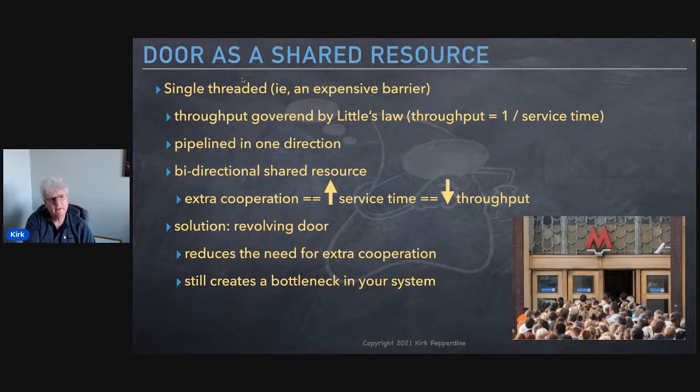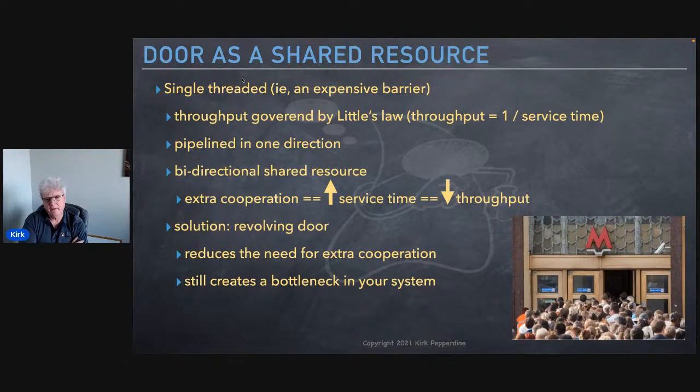And strangely enough, we can now apply some mathematics to understand the throughput of people through a door, and that's basically throughput is equal to 1 divided by the amount of time it takes a single person to run through the door. Now, if we're pipelined in one direction, then that's generally pretty good, because then everybody takes a constant time to get through the door, and you line up and you go through.